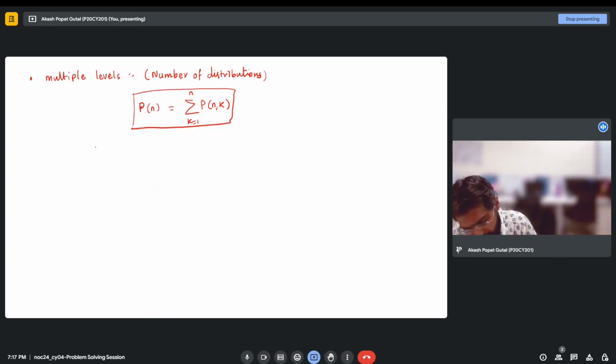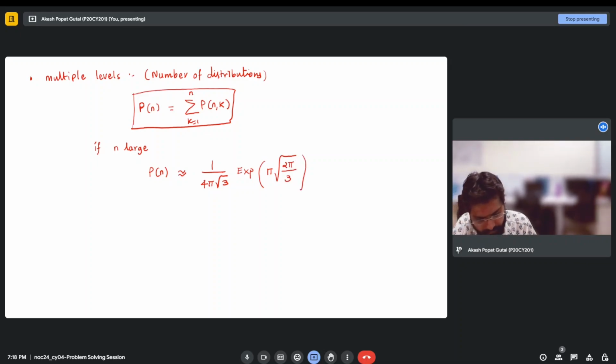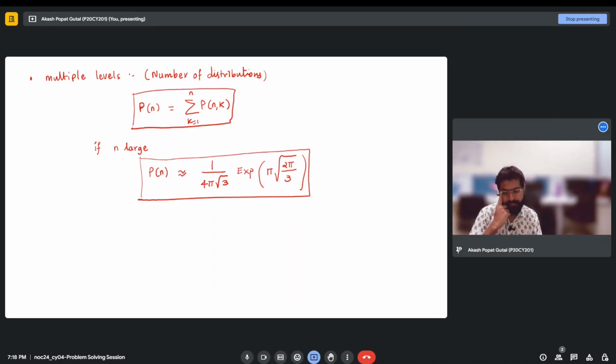If n is very large, then the number of partitions is approximately equal to 1 upon 4 pi root 3 times exponential of pi root 2 by 3. So this is the general formula.